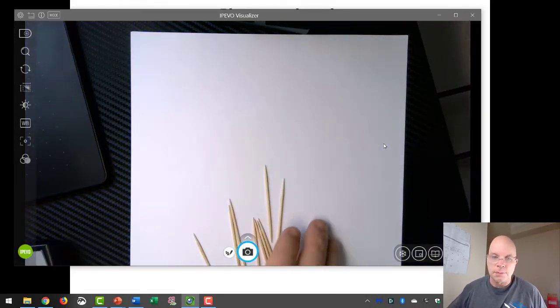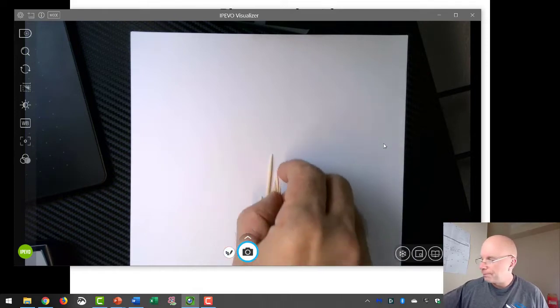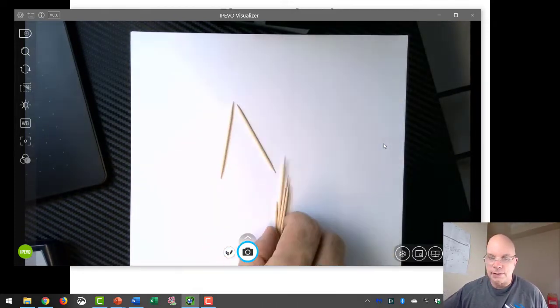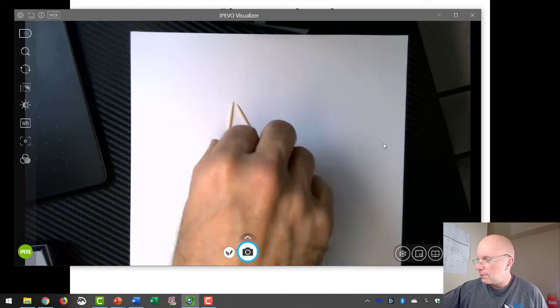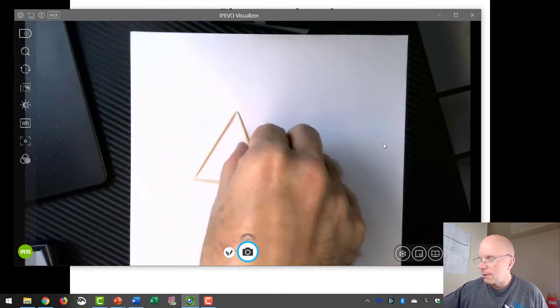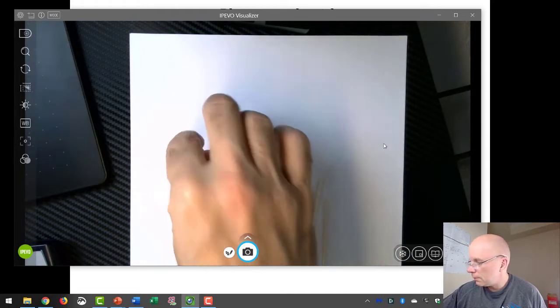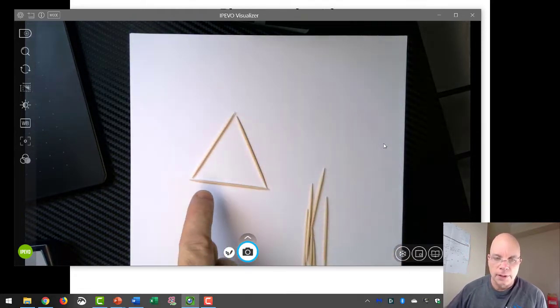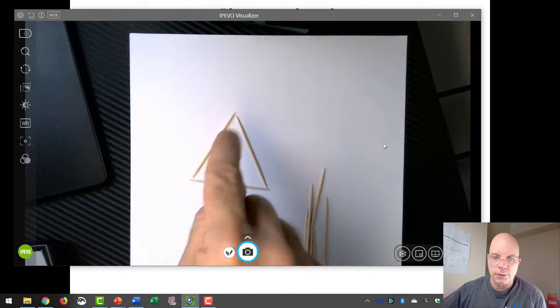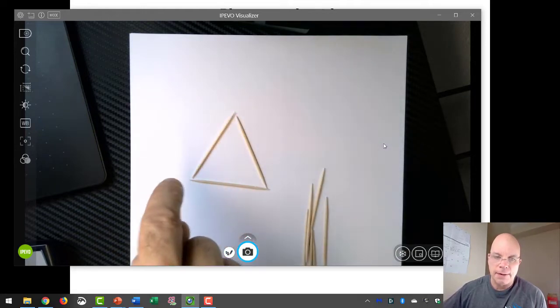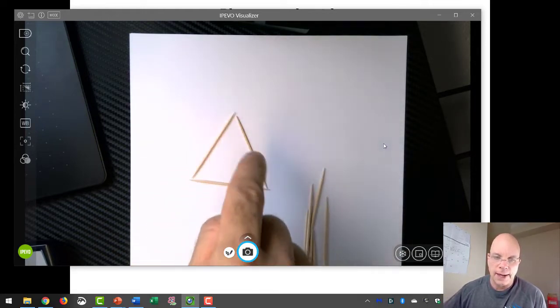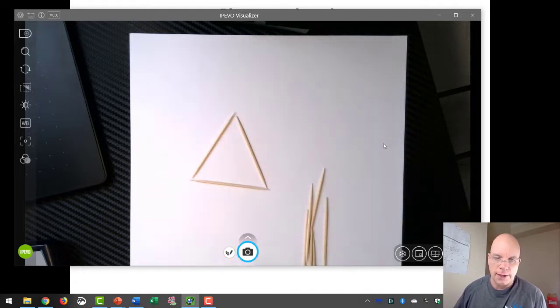Right, I have 9 toothpicks, and if I just grab 3, it's pretty easy to make an equilateral triangle with 3. The toothpicks are all the same length, so if they have congruent sides and congruent angles, that's an equilateral triangle.